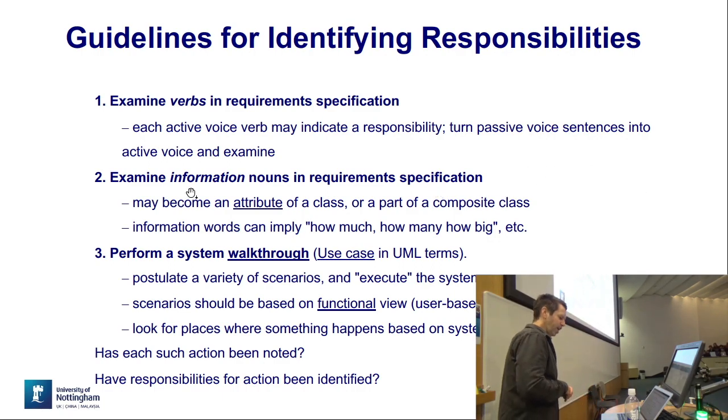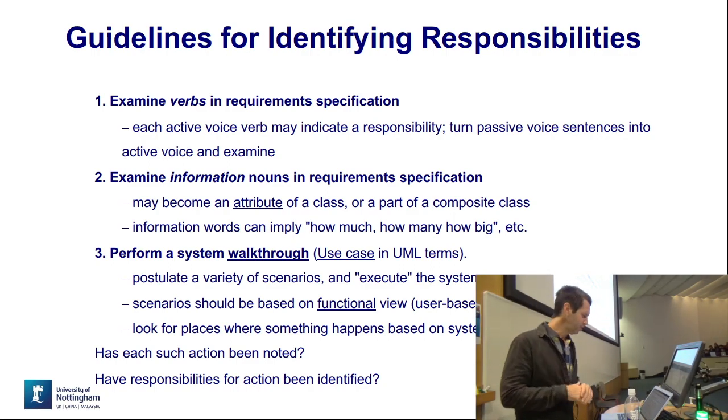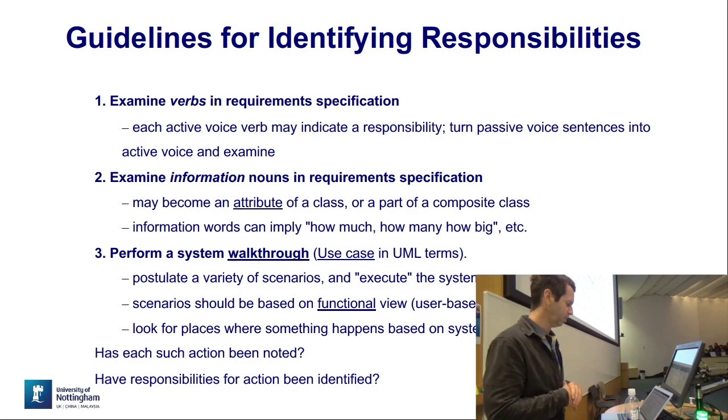Perform a system walkthrough. That's called a use case in UML. Postulate a variety of scenarios and execute the system. So think about how the thing is going to look. Do a walkthrough. Scenarios should be based on a functional view, in other words, the perspective of the user, somebody using the system.